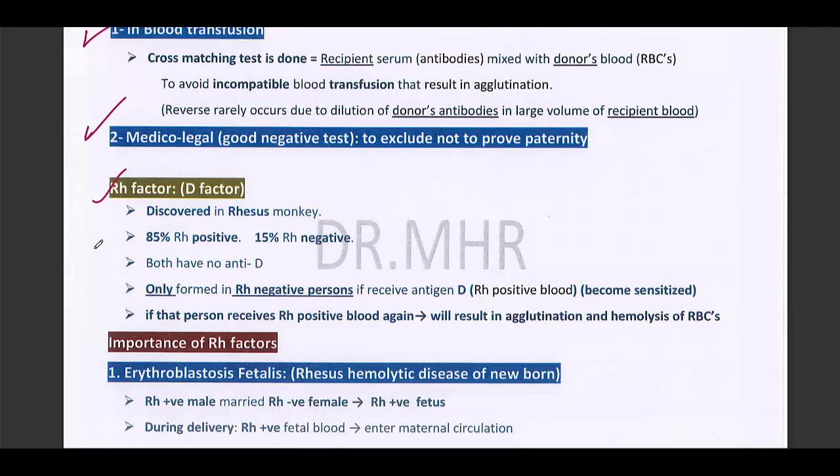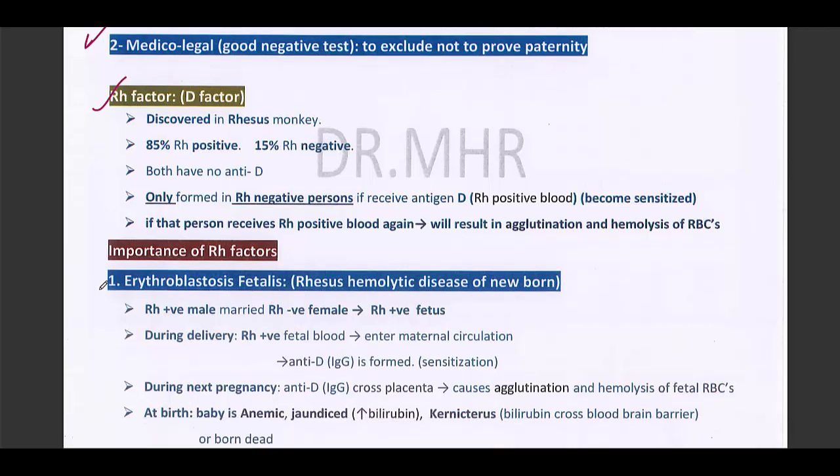It's only formed in Rh negative persons if they receive antigen D. Okay. Rh negative blood becomes sensitized. If that person receives Rh positive blood again, it will result in agglutination and hemolysis of RBCs. We will discuss this in a disease, inshallah. It's very simple, okay?